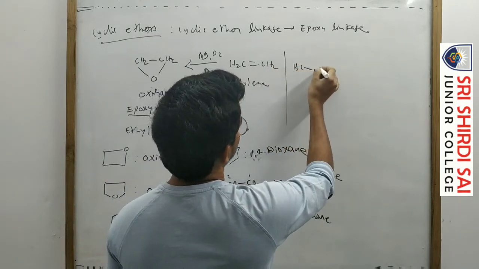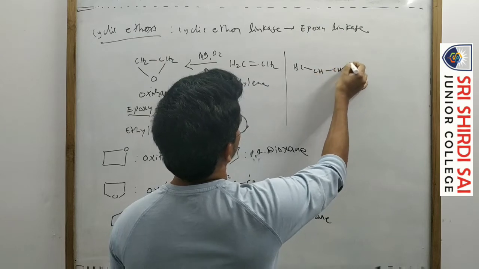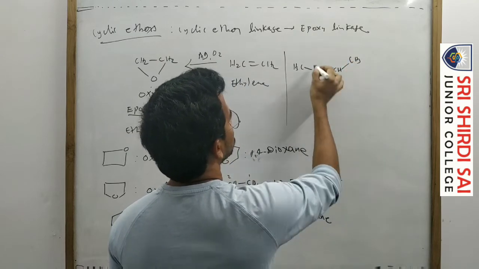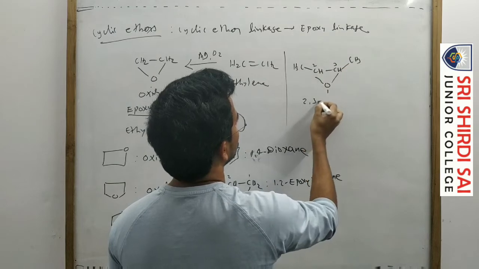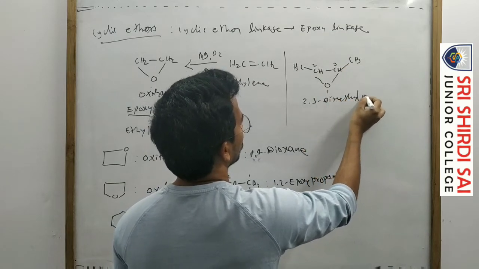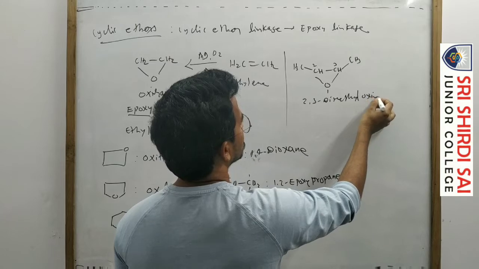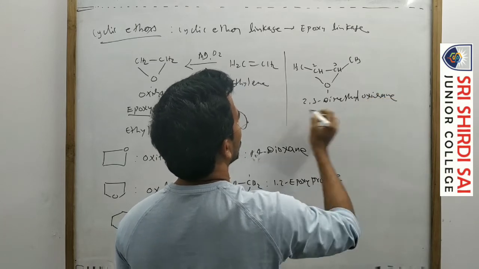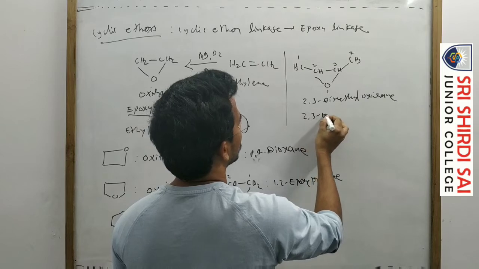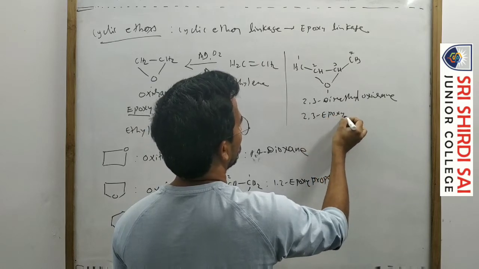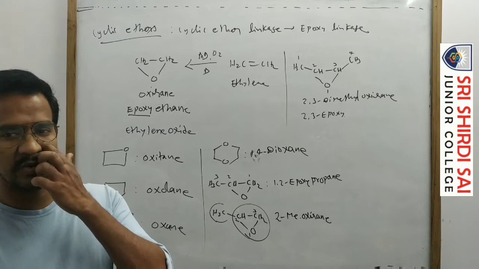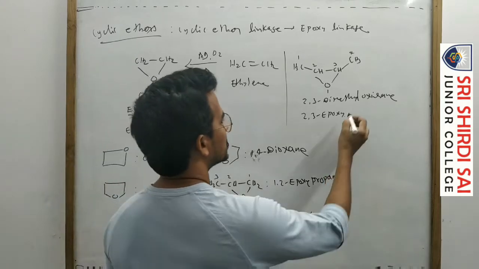Okay, that's it. Next, CH3, CH3, this one. It is 1, 2, 3, so 2,3-dimethyl oxirane. Or numbering 1, 2, 3, 4, it is 2,3-epoxy butane, because the epoxy linkage is between the 2 and 3 carbons.